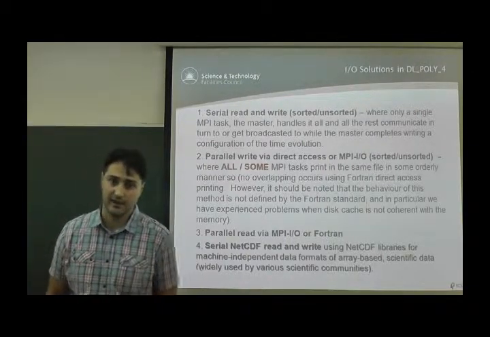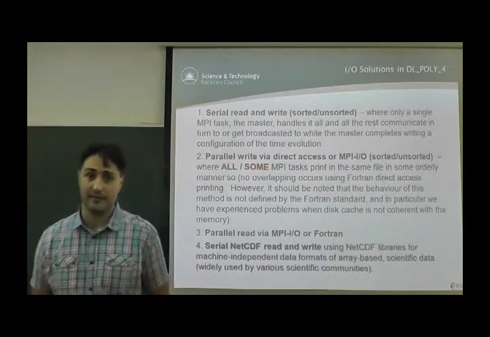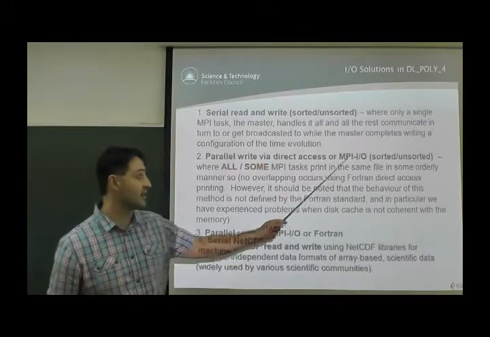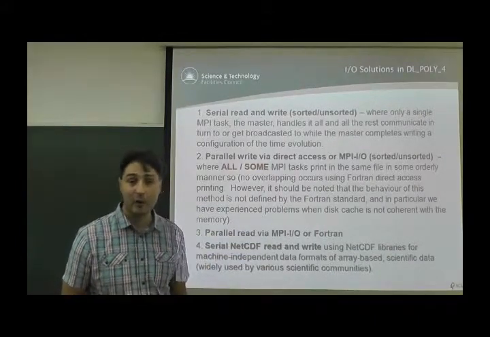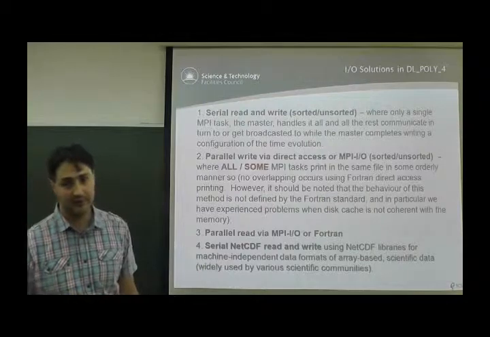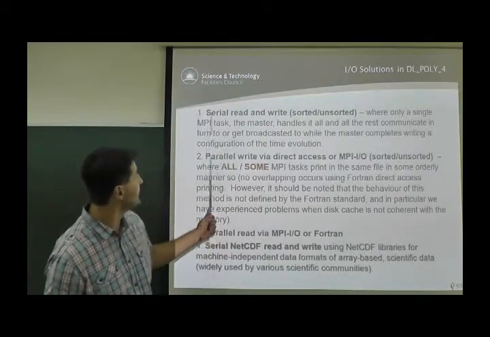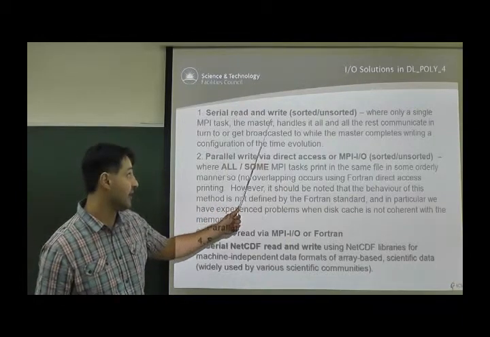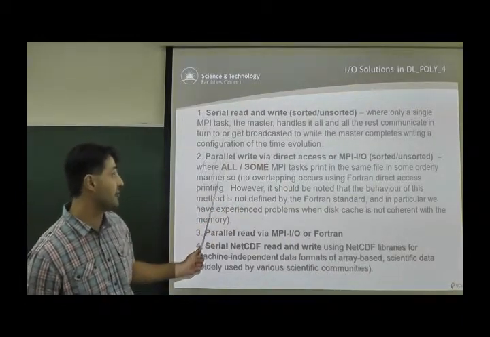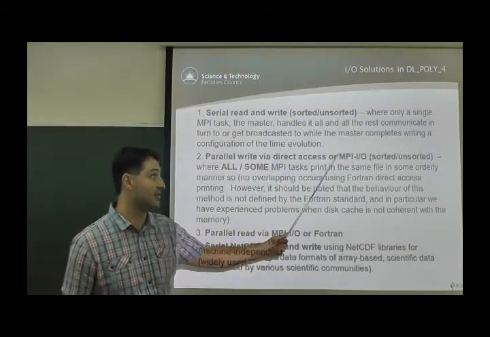Of course, the best is the parallel I/O via MPI I/O that is shown here. However, the user can still opt, if they wish, in order to compare how fast that is, for serial read and write, and they can have parallel write via direct access or MPI I/O.